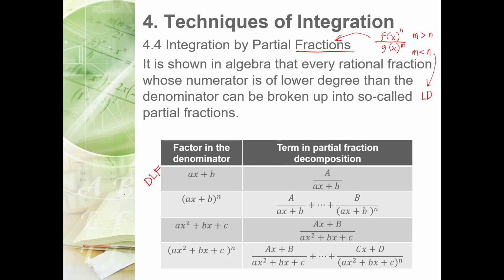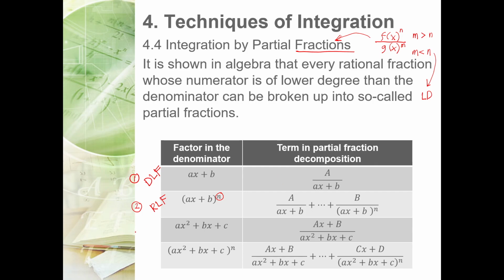So we have the distinct linear factor, that would be the one type of factor in the denominator. Then next is the repeated linear factor. That's the same as number one, but it's just repeated. Notice that it's repeated to the power of n.